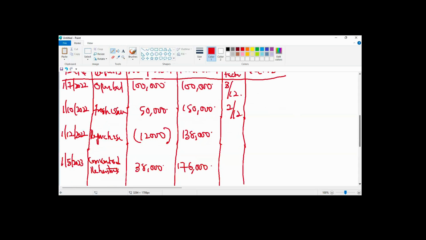Then from 1st of December to 1st of May is five months. Then from 1st of May to 30th of June is 2 months.